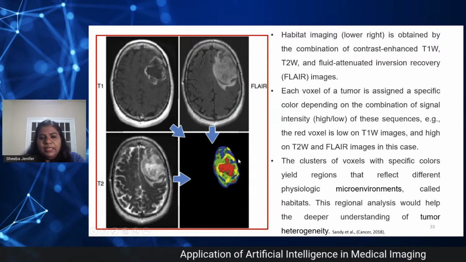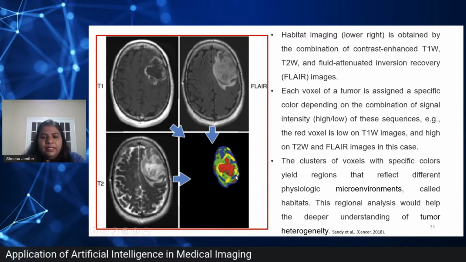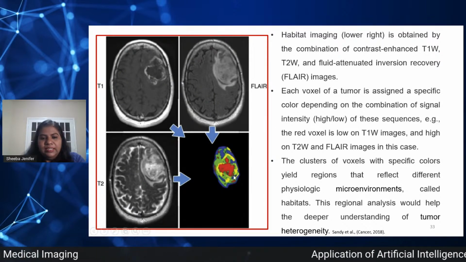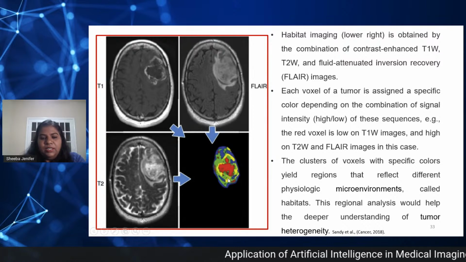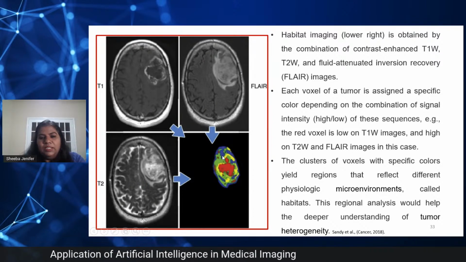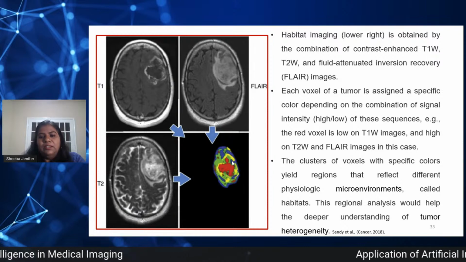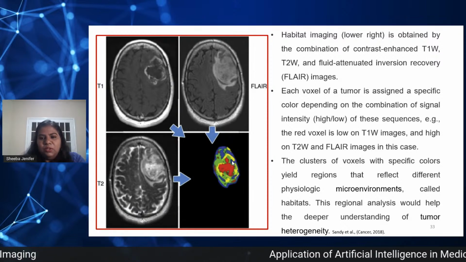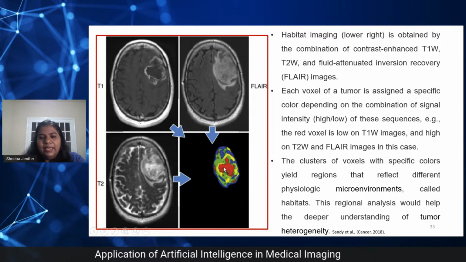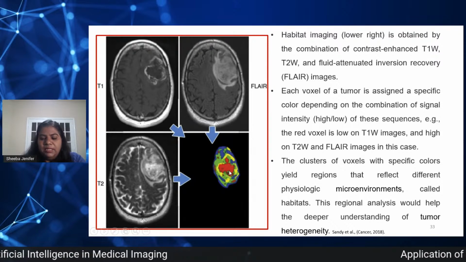But when you subdivide them into superpixels and then analyze deeper, you can see the heterogeneity inside the cancer region, right? It's not all the same. Some are very high risk and some are low risk regions. So this is called the microenvironment region, where we cluster the voxels depending upon the color, and then see how these different subregions inside the tumor help in predicting the outcome.